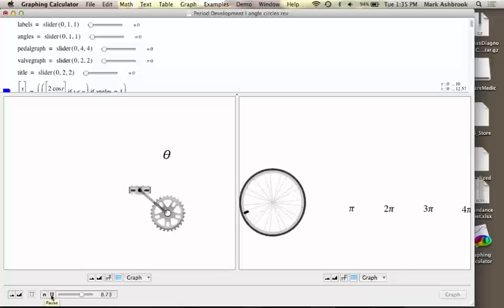And then as the pedal rotates, what's the position of the tire valve relative to the pedal? Always. How could you describe the position of the tire valve relative to the pedal in terms of angle measure? 3 radians ahead. I like the ahead.